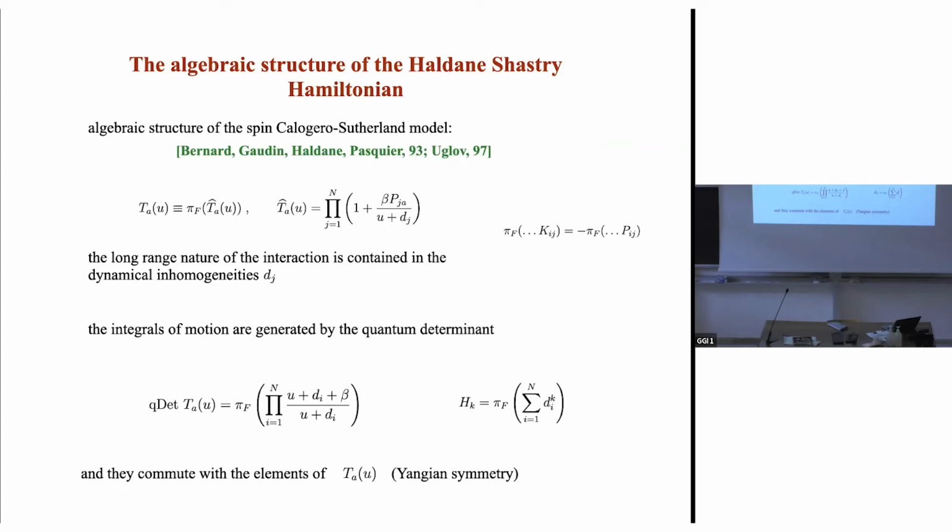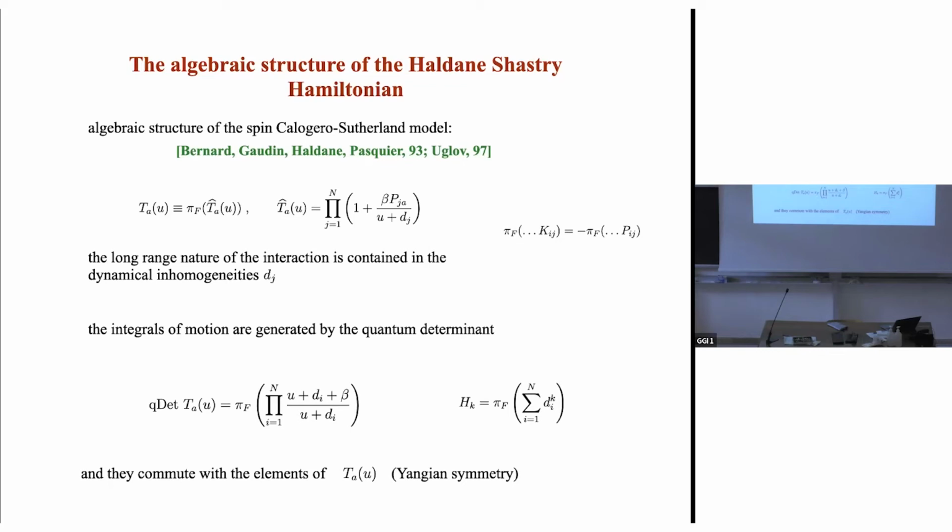The only thing is that you have to take care that the projection commutes with the monodromy matrix, so that when you act with elements of this monodromy matrix on a function with prescribed symmetry, you keep this space invariant, and this is the case indeed.